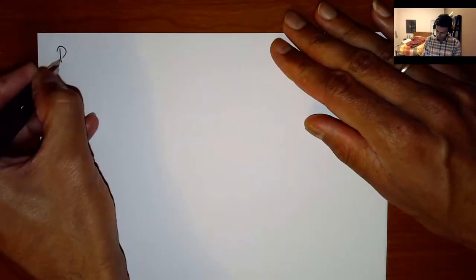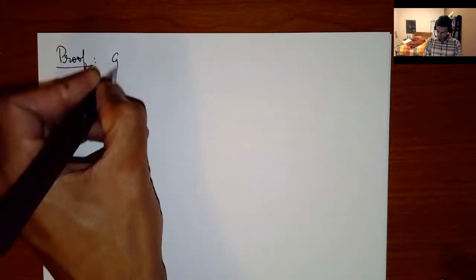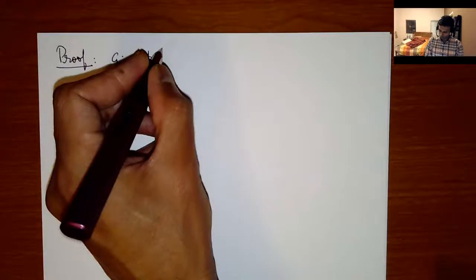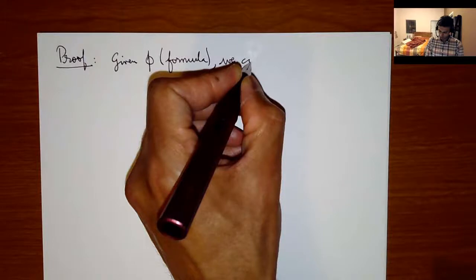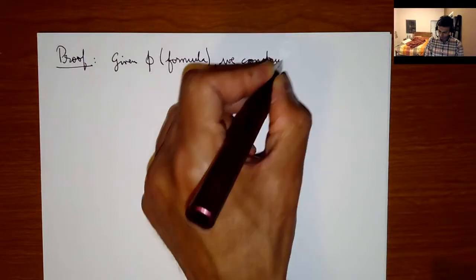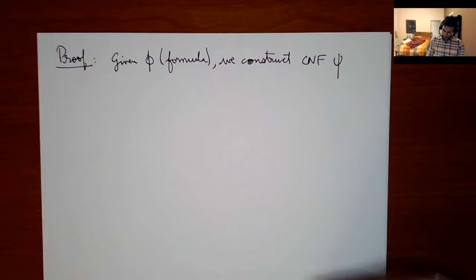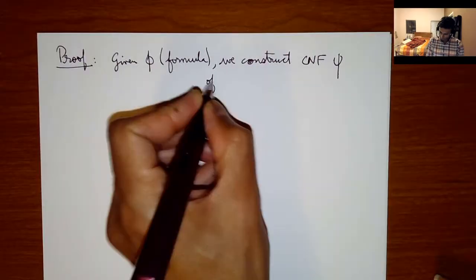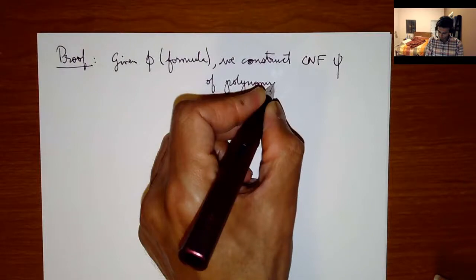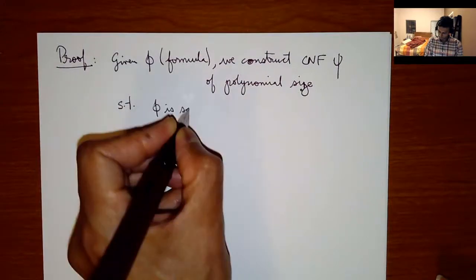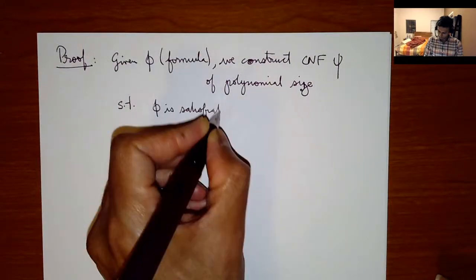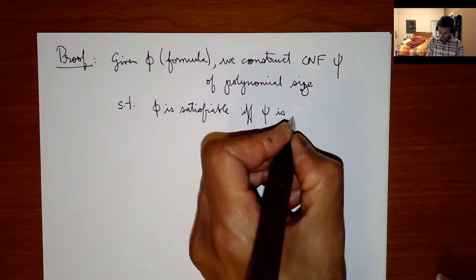And this is where I'm going to show you some tricks which are going to be helpful in some of the homework questions. Given phi, which is just some formula, we construct a CNF C of polynomial size such that phi is satisfiable if and only if C is satisfiable.